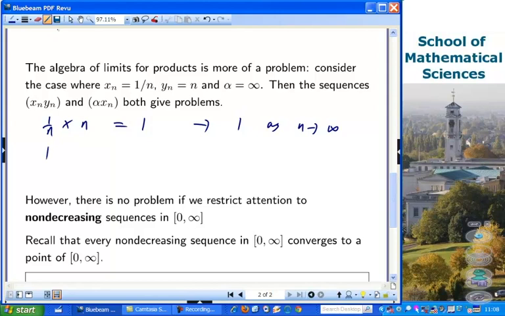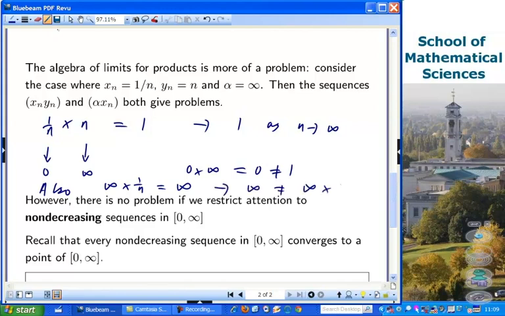But 1 over n tends to 0, and n tends to infinity, and 0 times infinity equals 0. Okay, so that's one problem. Also, infinity times 1 over n equals infinity, and that tends to infinity, which is not equal to infinity times 0.